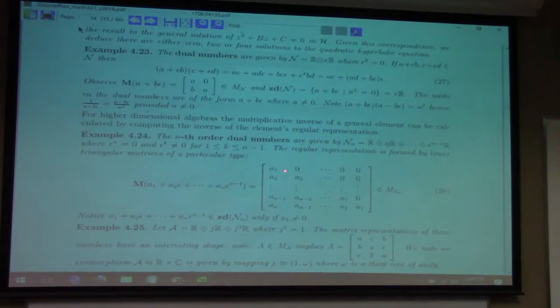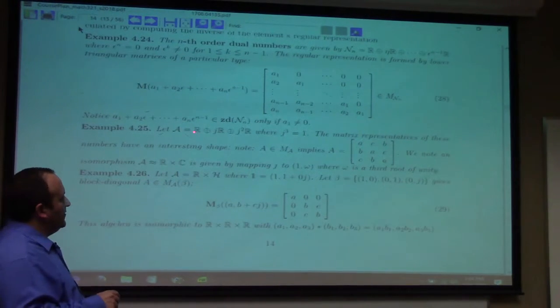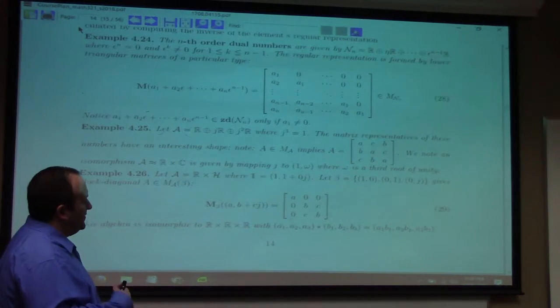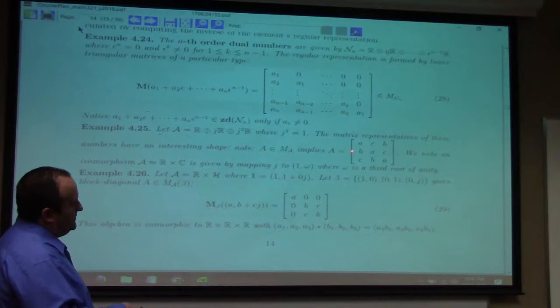You can also look at nth order dual numbers, which is R^n with an nth order nilpotent element, and it has a lower triangular matrix representation. Here's the 3 hyperbolic numbers I talked to you guys about. That is the set of things of the form x plus jy plus j squared z, where j cubed is equal to 1. The regular representation looks like so.